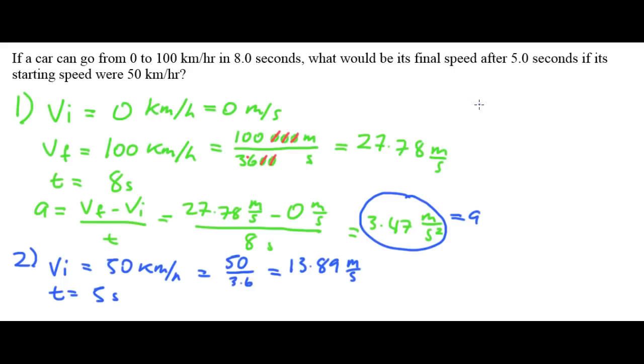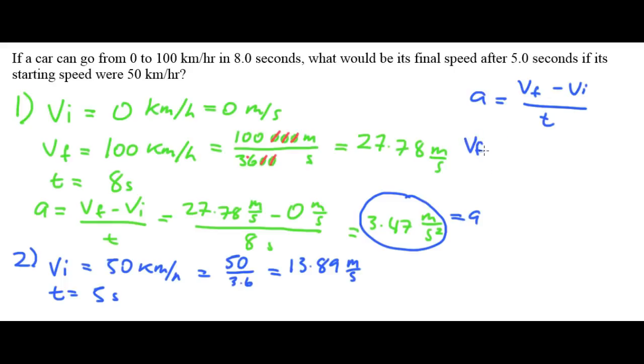So we know that acceleration equals our final velocity, take away our initial velocity, over the time it takes. We know acceleration, we know time, we know how fast it was going at the start, so we're going to rearrange this.